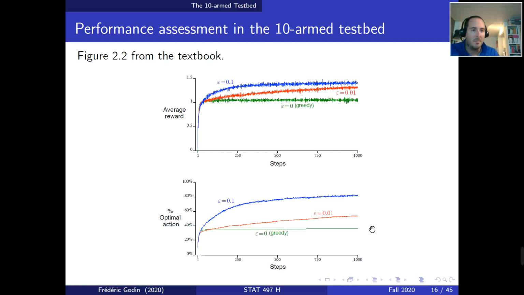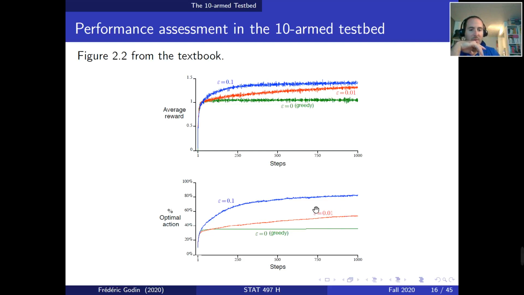In many cases, the optimal action will never be discovered. For the epsilon-greedy approach, the 10% exploration entails exploring more at the beginning, so you discover the optimal action earlier and then start exploiting it. Because of that, you start exploiting the optimal action earlier, so you get a higher frequency associated with the optimal action.